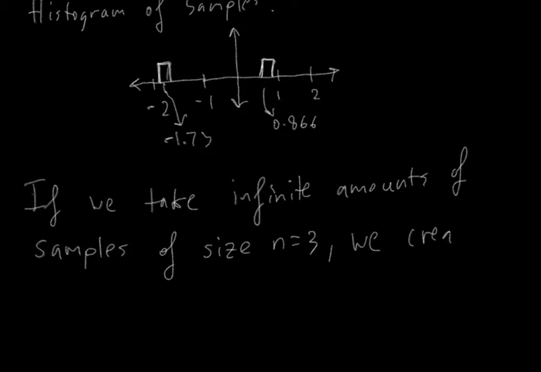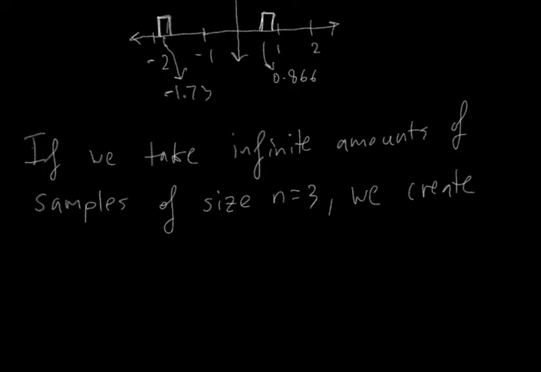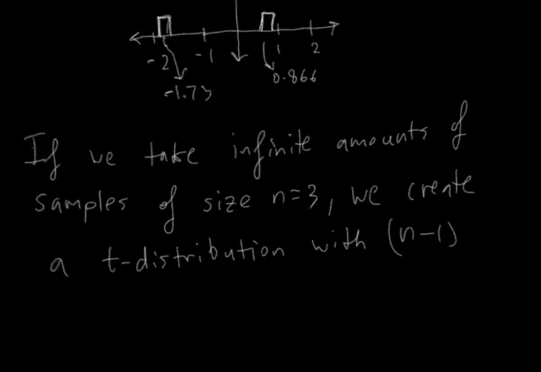we create a t-distribution with n minus 1 degrees of freedom.